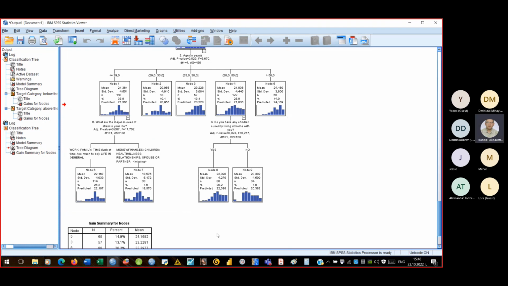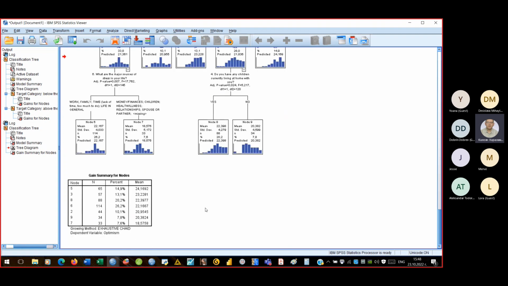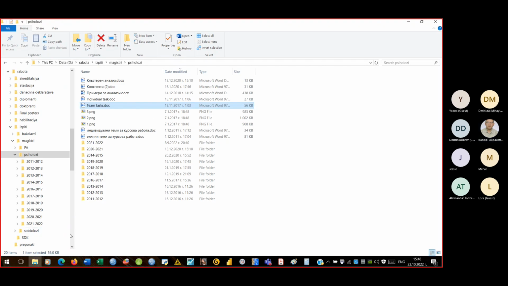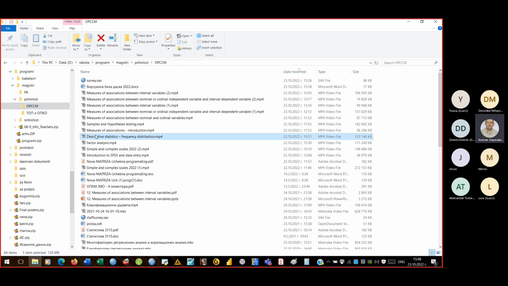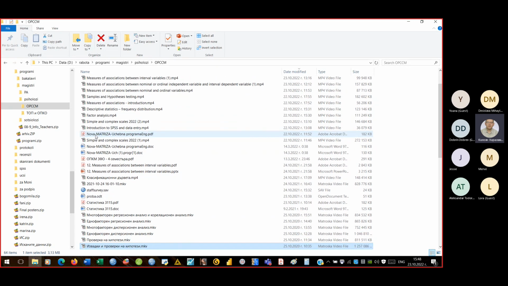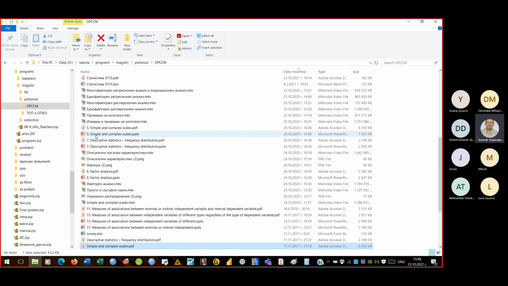So this was the interpretation of the tree when the dependent variable is an interval variable. I have a presentation for this topic also, but I decided to show you with SPSS. The presentation is almost the same.